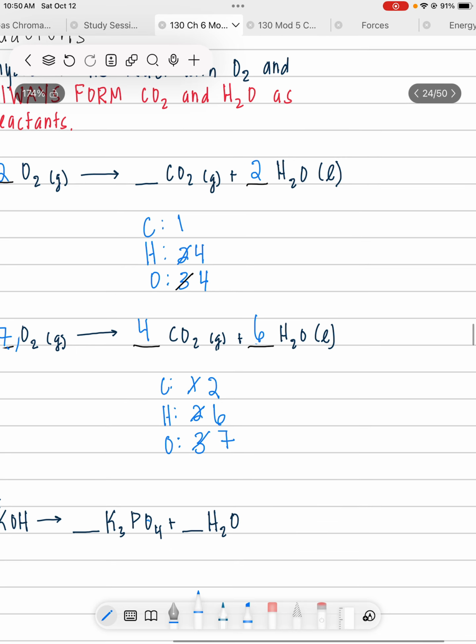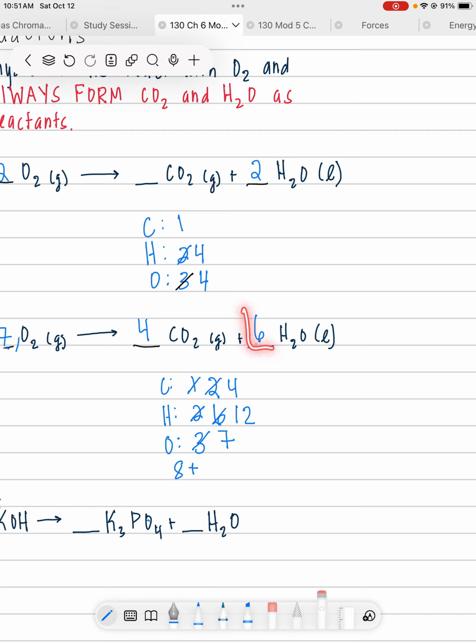Okay, let's come over here and do the same. So I have 4 times 1 gives me 4 carbons. I have 4 times 2, which gives me 8 oxygens, but I know I have some more oxygens, so I'm going to put a plus. Come back to that in a minute. I have 6 times 2 hydrogens, which is 12.